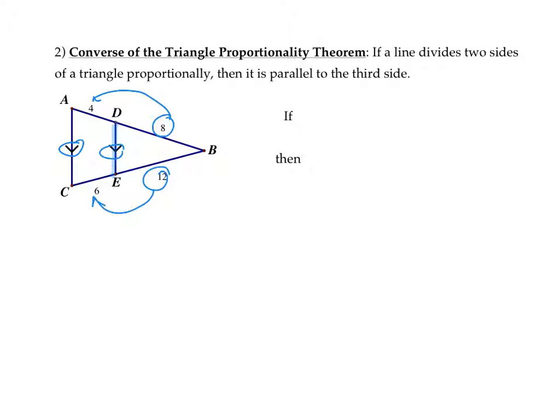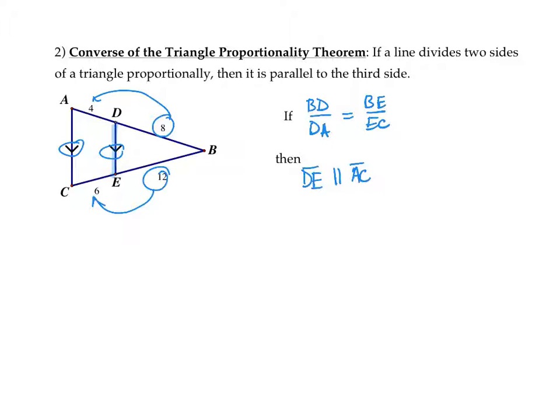So if BD corresponds to DA in the same way that BE corresponds to EC, then line segment DE will be parallel to line segment AC.